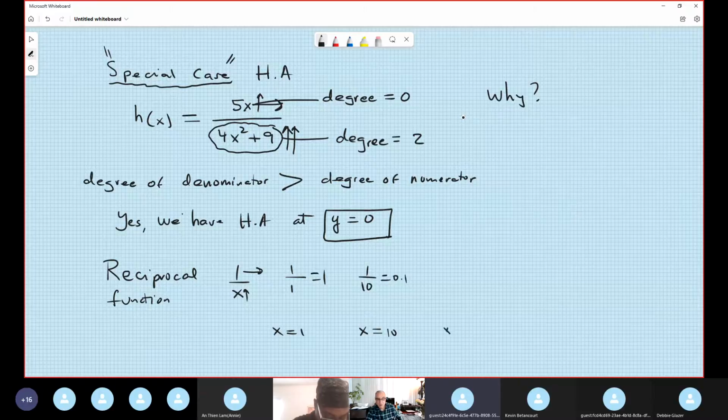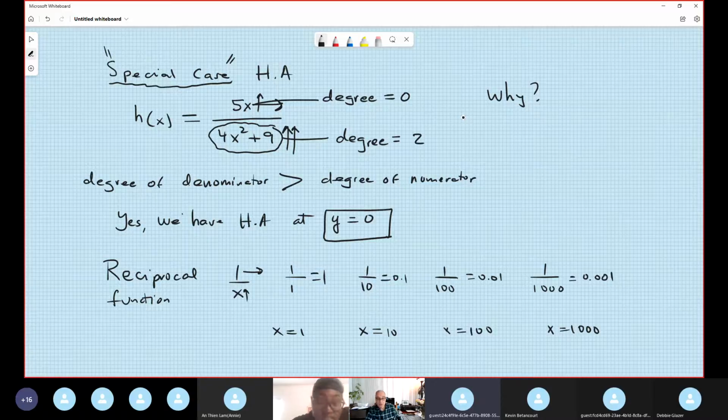Suppose 100, 1 over 100 is 0.01. Suppose 1000, 1 over 1000 is 0.001. Do you see it is decreasing, and approaching what value?